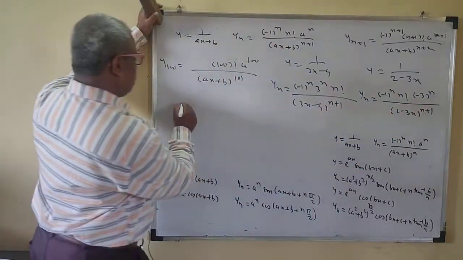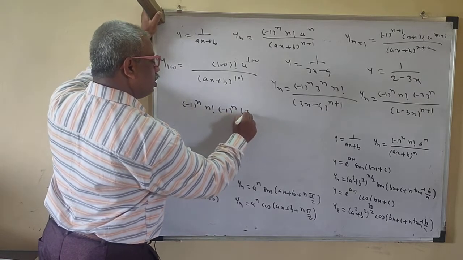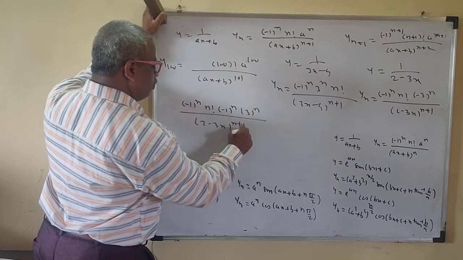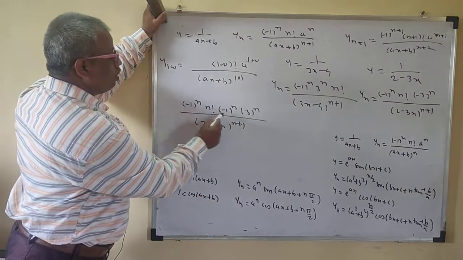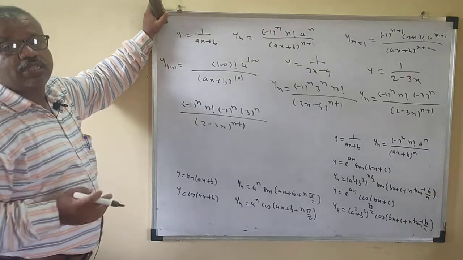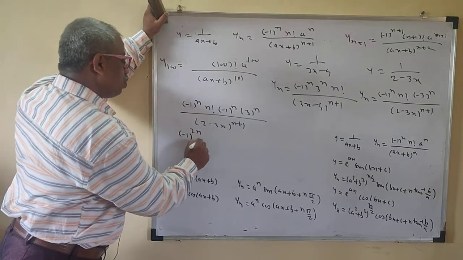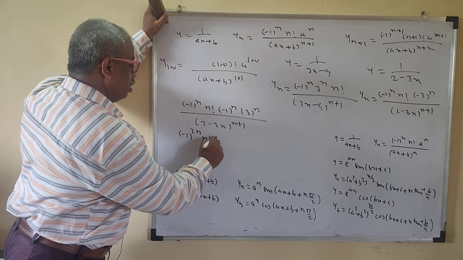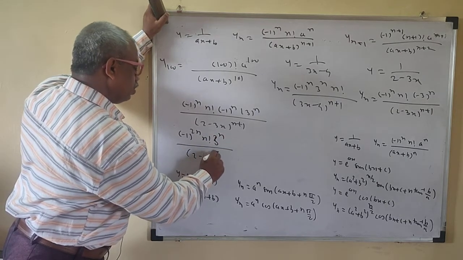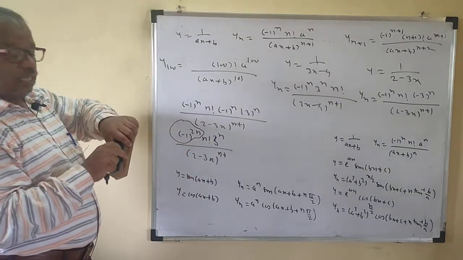I can write this as minus 1 raised to n, n factorial, minus 1 raised to n, 3 raised to n upon 2 minus 3x to the power n plus 1. Okay, so this is minus 1, right? The bases are same, so you have to take the sum of the indices, that is minus 1 to the power twice n. This becomes minus 1 to the power twice n, n factorial, 3 raised to n only, upon 2 minus 3x raised to n plus 1, and this is always positive. Minus 1 to the power even power is always positive.